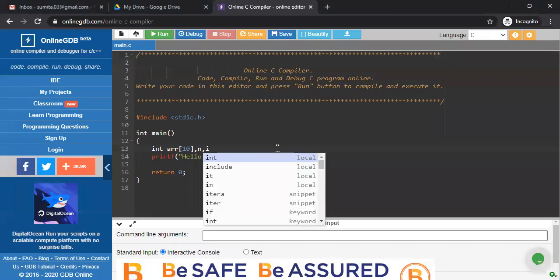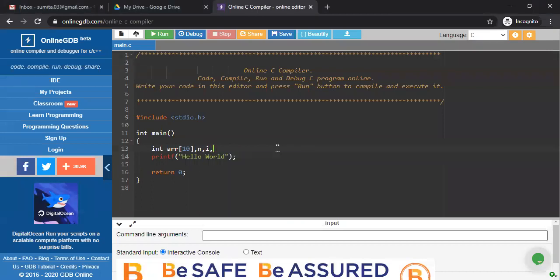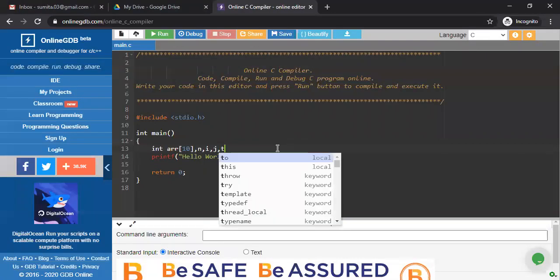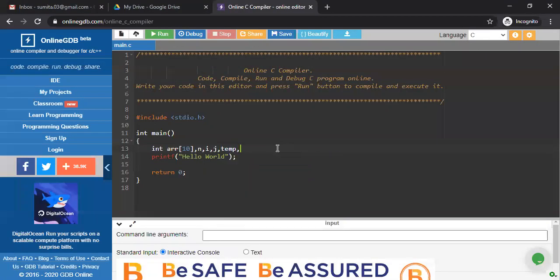One loop variable for the inner loop and one loop variable for the outer loop. And for swapping, we need a third variable, and there is a requirement for one more for storing the position, because we have to find out the smallest one.